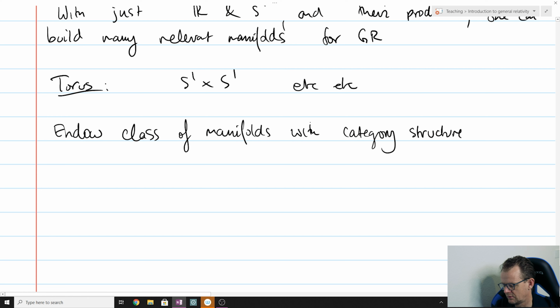That's just fancy talk for saying that we're going to define what it means to have a map between manifolds, by describing morphisms. Morphisms is the fancy word for maps between objects.